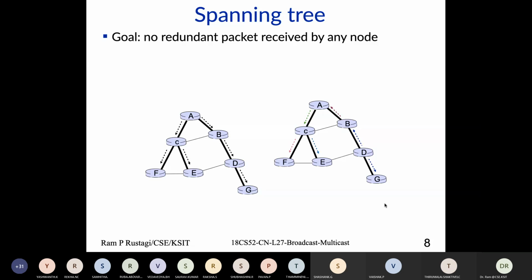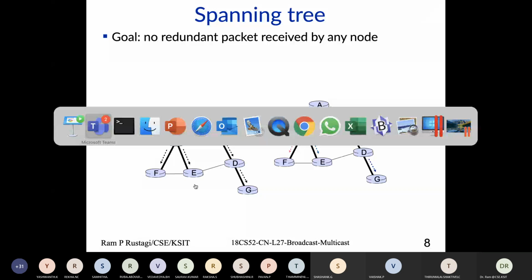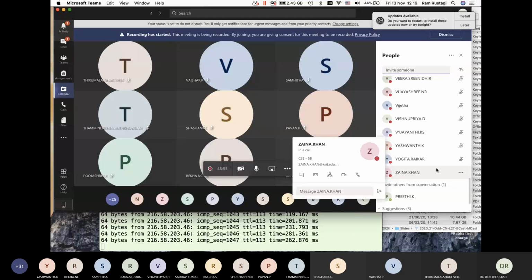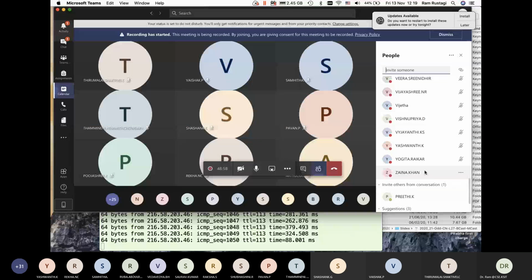Vijayashree, given a graph G of n nodes and E edges, how do you define a spanning tree? Yogita? Sir, it covers all the vertices in a graph with the minimum number of edges.